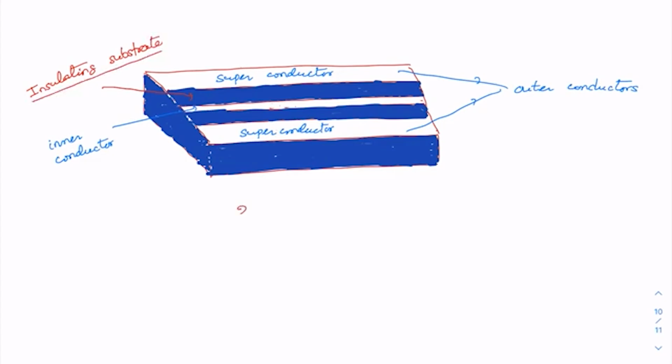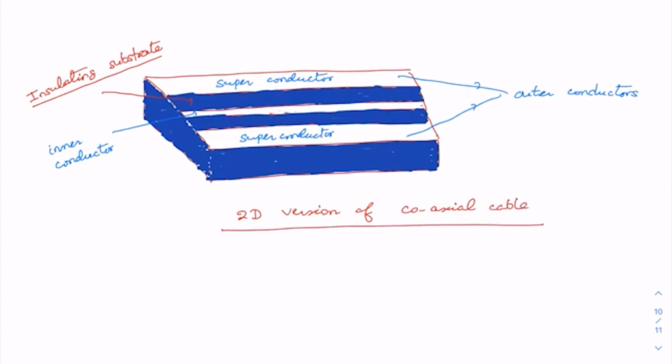And in fact, this is the 2D version of a coaxial cable transmission line, or coaxial cable on a chip surface.